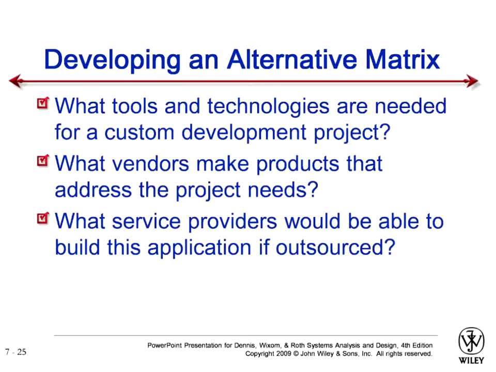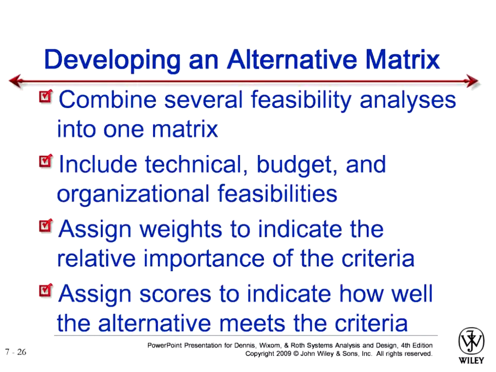Then once you have identified all the design alternatives and you have RFPs, RFIs, and requests for quotes with you, then you have to make an alternative matrix. The matrix contains what tools and technologies are needed for custom development projects, what vendors make products that address the project needs, and what service providers would be able to build this application if outsourced.